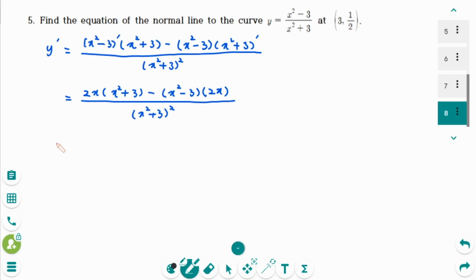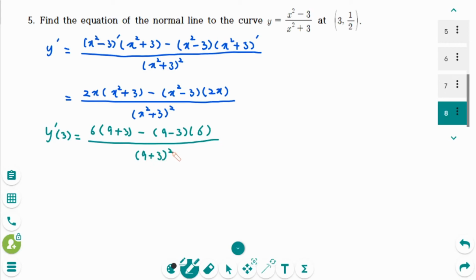Put 3 into x. y′(3) = [2·3(3² + 3) − (3² − 3)(2·3)] / (3² + 3)².